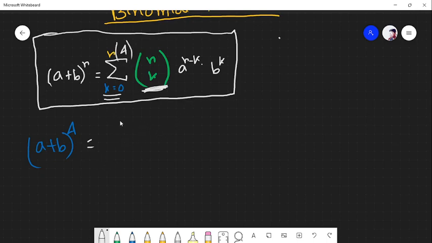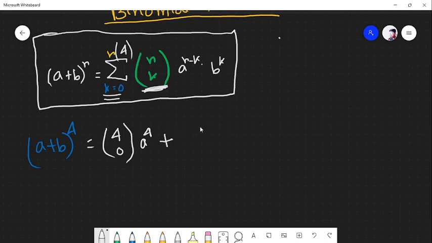So first, the first coefficient is going to be 4 choose 0, and a to the power n minus k, which is 4 minus 0 equals 4, and b to the power k, which is 0, so it's just 1. Let's not write it down.